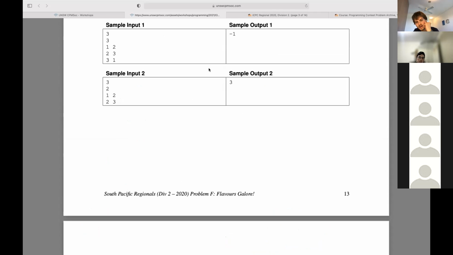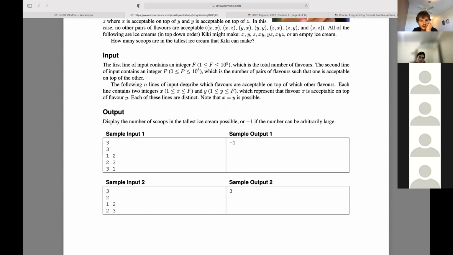The constraints are up to 100,000, but our solution, if done fast, is order F plus P. Because checking if there's a cycle is order F plus P, that's the complexity of a DFS. Then for finding the longest path, our DP solution is order F plus P. Our second solution, it depends how fast we do it, but if we have good bookkeeping, we can do it in order F plus P too.